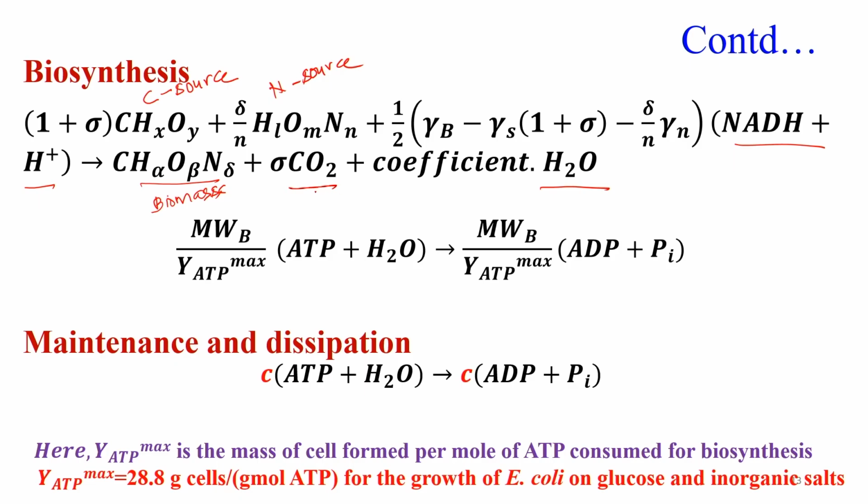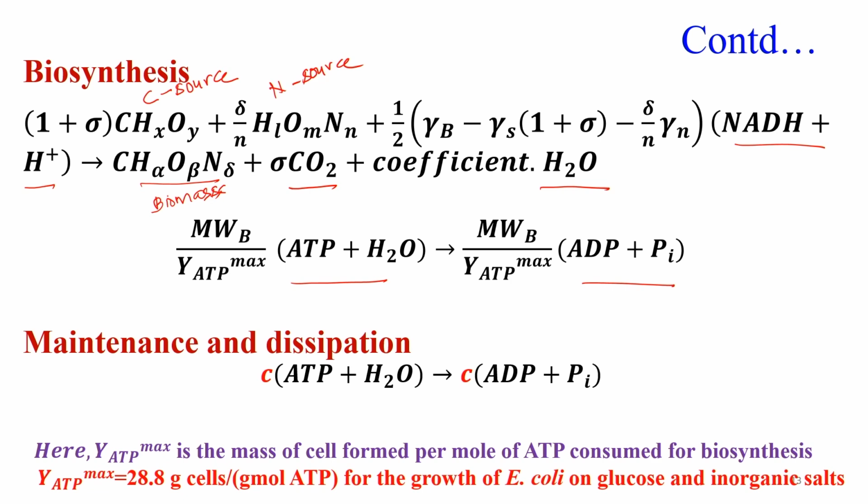Water is also synthesized, carbon dioxide is also there, and as this requires energy, the energy comes from ATP being converted to ADP. So, during biosynthesis it requires energy, and the energy comes from ATP being reduced to ADP and Pi.